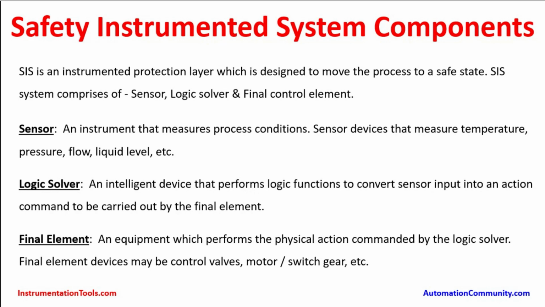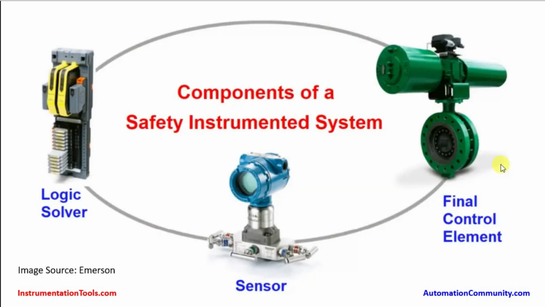Final element devices may be control valves, motors or switchgear, etc. Here we are seeing a butterfly type of valve. It could be a ball valve, or sometimes switchgear equipment like protection relays which take a signal from the logic solver PLC and make a pump, turbine or any equipment stop. That is in the electrical switchgear panel.